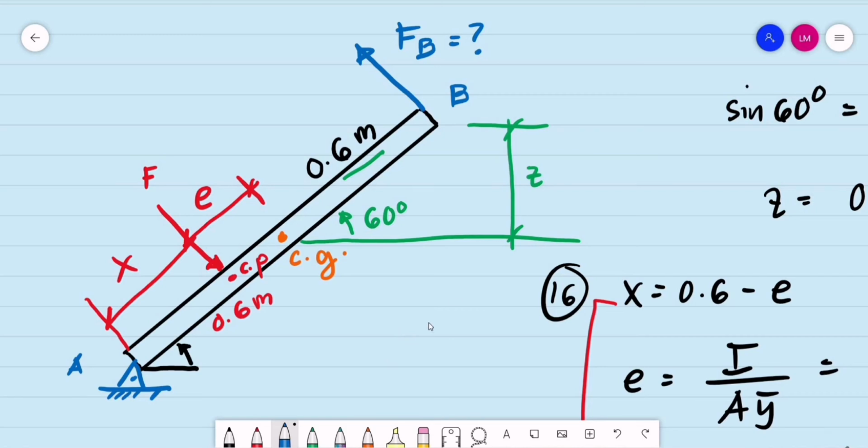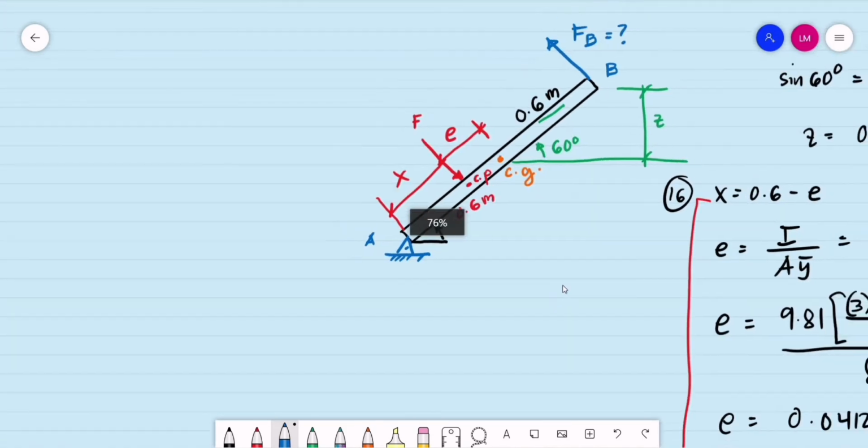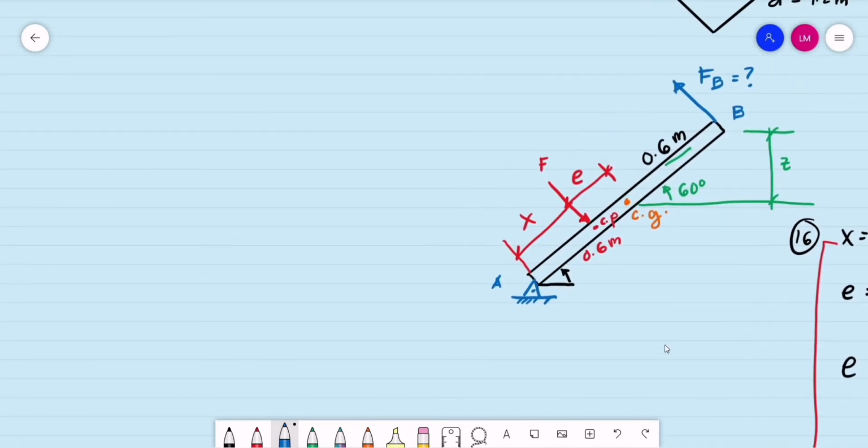So, by mechanics, mag-a-apply lang tayo dito ng konting mechanics. So, this is for question number 17. Ang gagawin lang natin dito is the summation moment at A, yun sa ilalim, sa hinge, equal to 0, assuming clockwise moments to be positive.